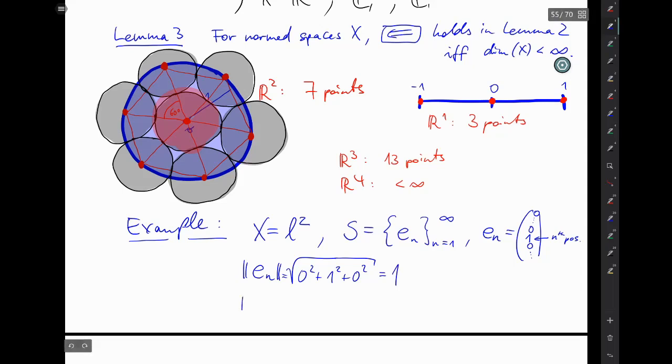But nevertheless, if you measure their distance from one another, so for example E_m and E_n, how far are they apart? Well, one of them has the 1 at this position, the other one has the 1 at some other position.